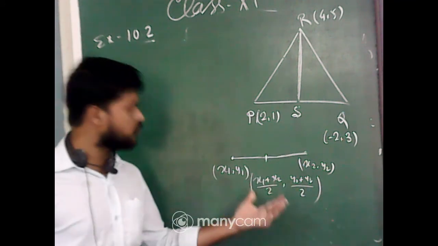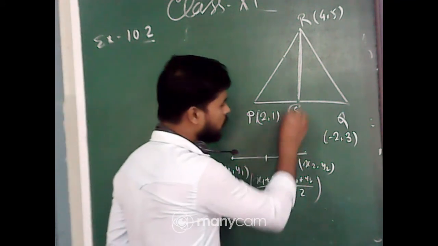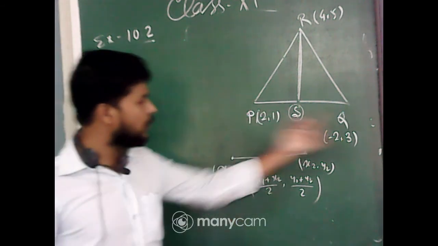Now we'll use this formula to find the coordinate of the point S, because S is the midpoint of the side PQ.